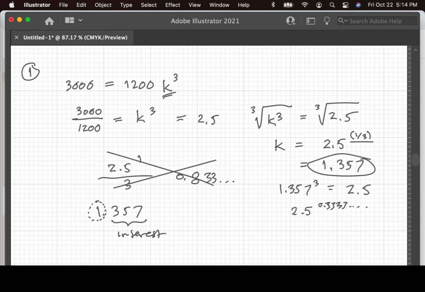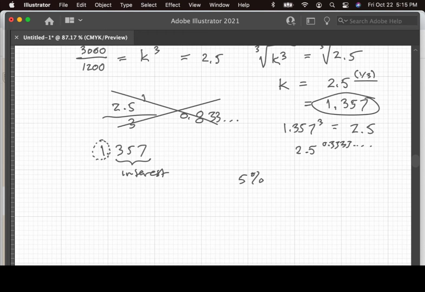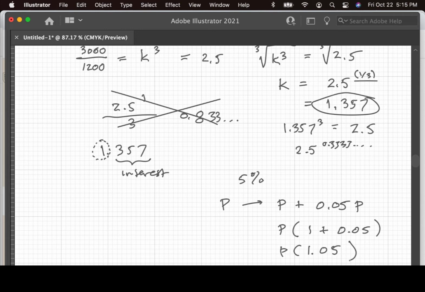Just as if you have a 5% interest rate bank account, you'd start with your principal, and then next year you'll end up with your principal plus 0.05 times your principal, or P times, let's factor it out, 1 plus 0.05, or P times 1.05. So keep straight that this part is the interest rate, this part is the principal.